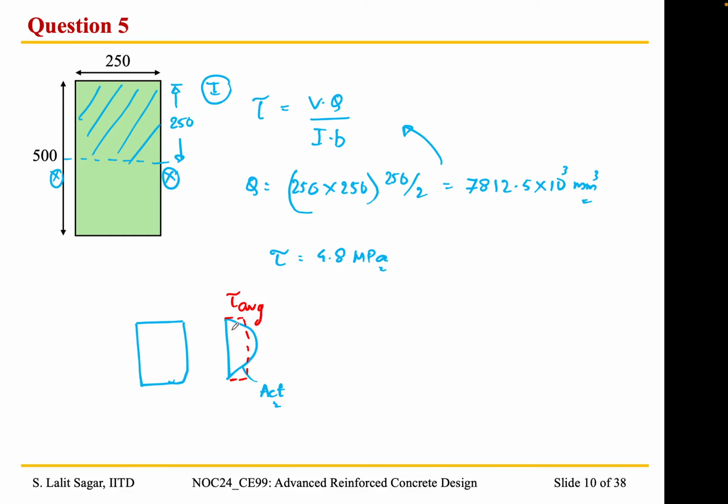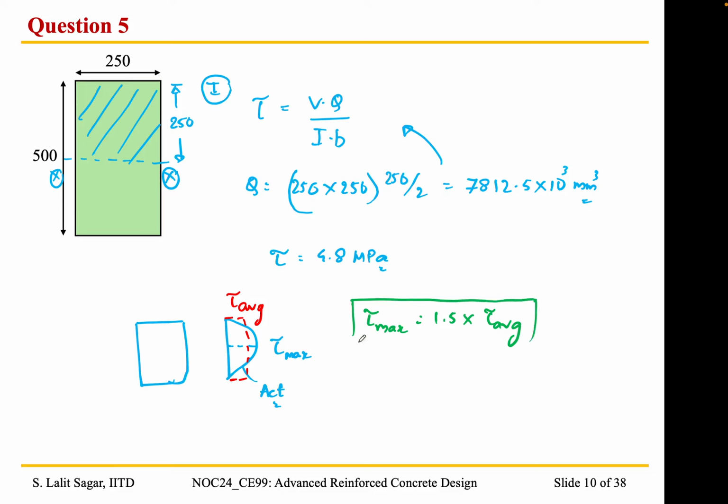So we consider a rectangular distribution that is equivalent to this parabolic distribution. This value would be tau average, and this particular value at the mid depth would be tau max. The simple relation between these two terms is tau max is equal to 1.5 times tau average for a rectangular cross section. This equation holds for a rectangular section only.